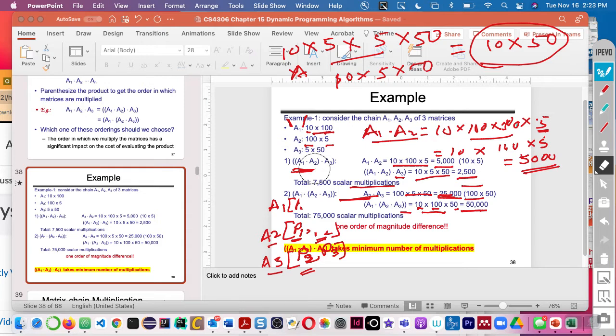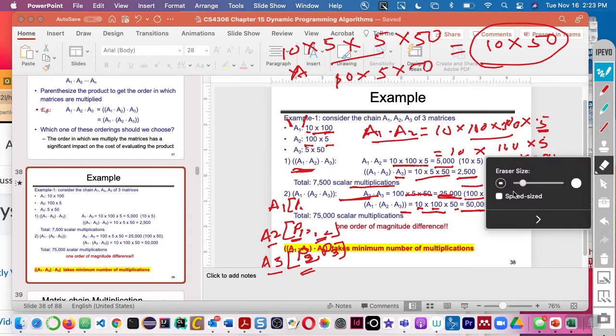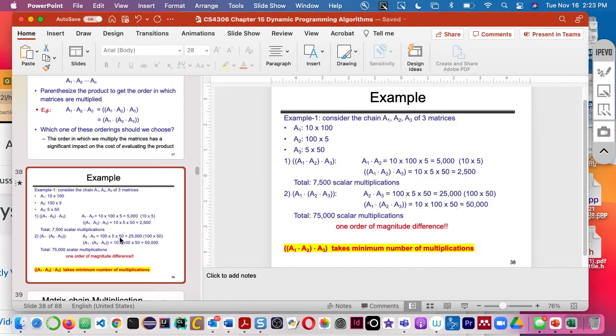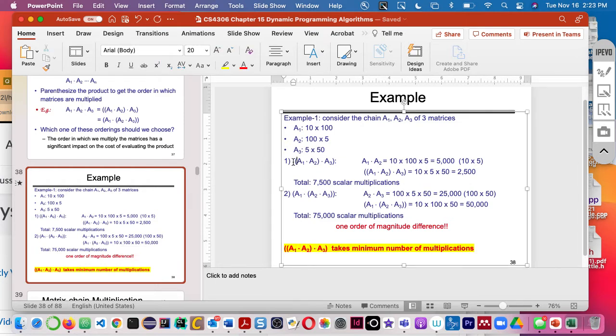In this matrix chain multiplication problem, we will learn which order we need to select. We are not finding the final matrix, we are finding the efficient way, right?